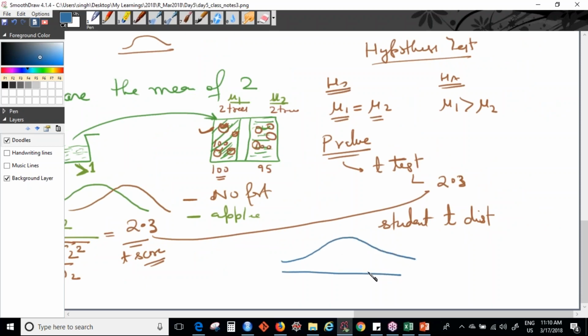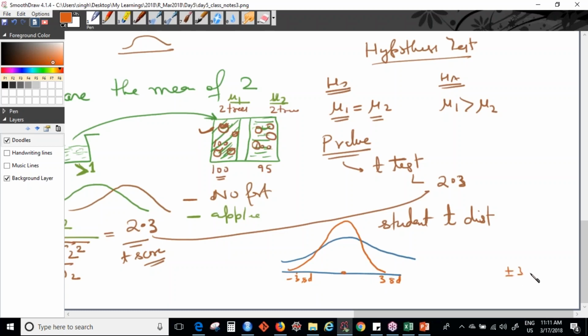It looks like this. Now you will say that it is the same as a normal distribution. No, it is not the same. A normal distribution usually looks like this. It ends maybe after 3 standard deviations. After 3 standard deviations on both sides, your normal distribution will be almost done, right?